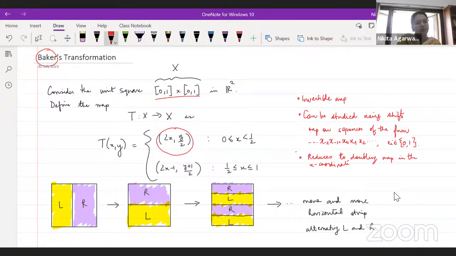And what happens to the right hand side R? R corresponds to x values from half to 1. What happens to this side is that it again gets compressed, but then it moves to the top. So there is a scaling by a factor of 2 in the x direction, but then there is a translation by half in the y direction, and that is precisely this.